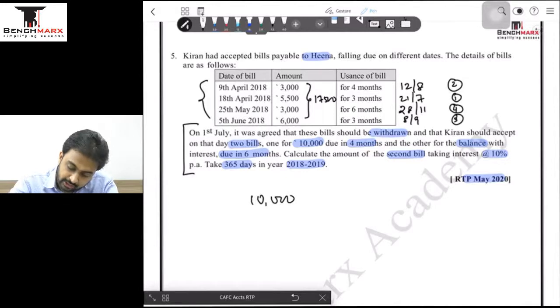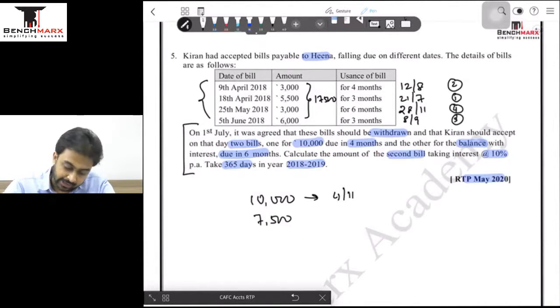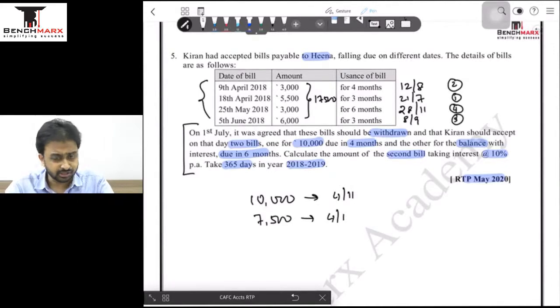Now 10,000 का due date is going to be something else, and the balance 7,500 का due date is going to be something else. 10,000 का due date is going to be 4 months from 1st of July. So August, September, October, November appears to be 4th of November. And ये जो second bill है इसका due date will be in 6 months. So 1st of July के बाद 2 months more. So it is going to be 4th of Jan. ठीक है.